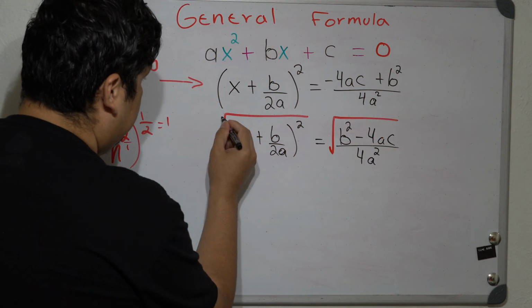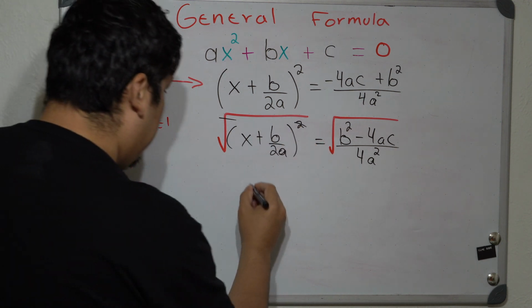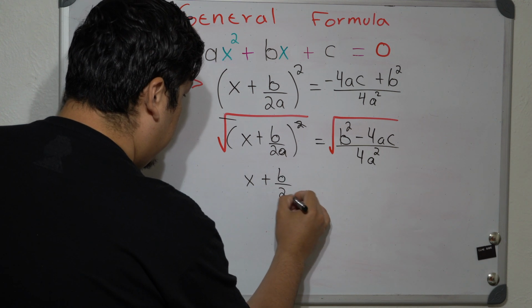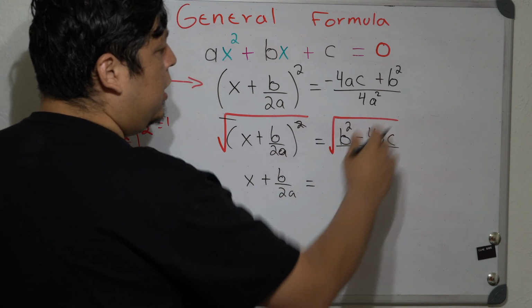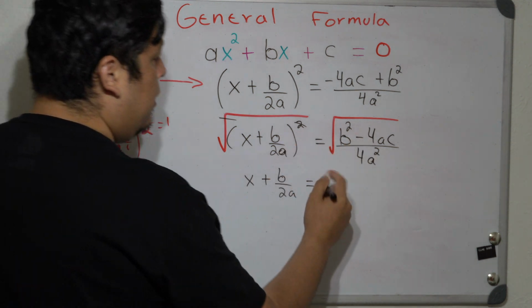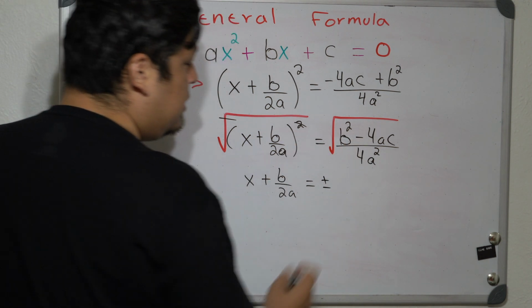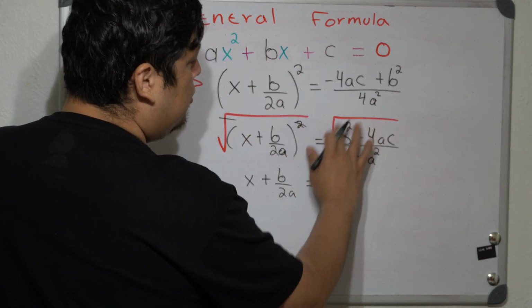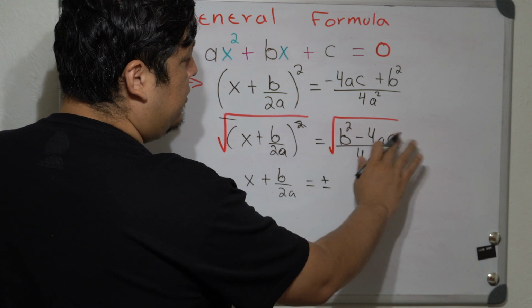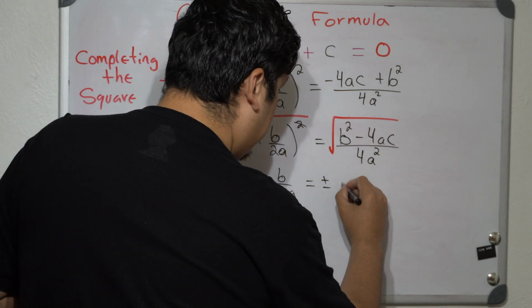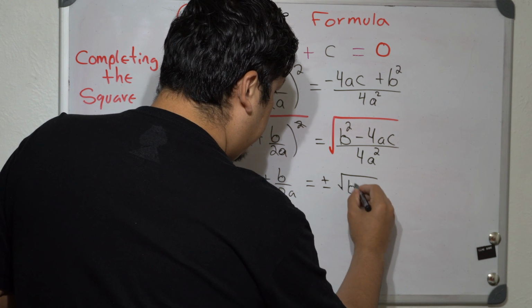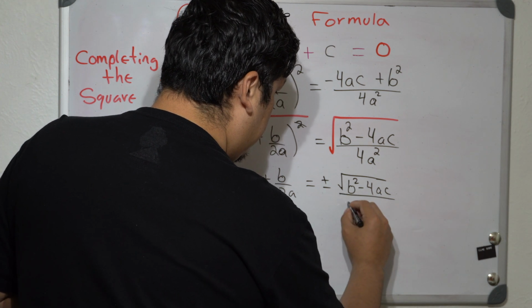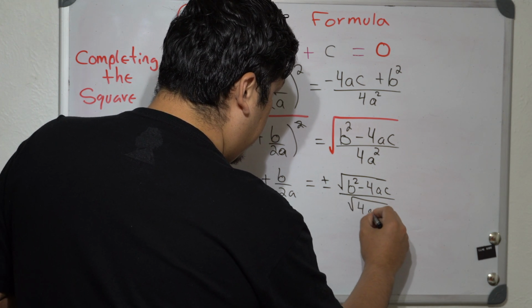Now this root cancels my second power. I'm left with x plus b over 2a equal to, when we take the square root of something here, it gives a positive and negative solution. So now this is also implying that I can take the square root of the top and the square root of the bottom individually. So I will show that b squared minus 4ac over the square root of 4a squared.